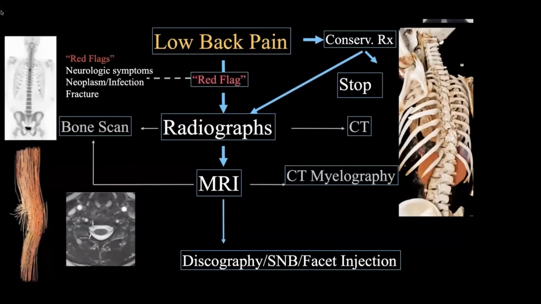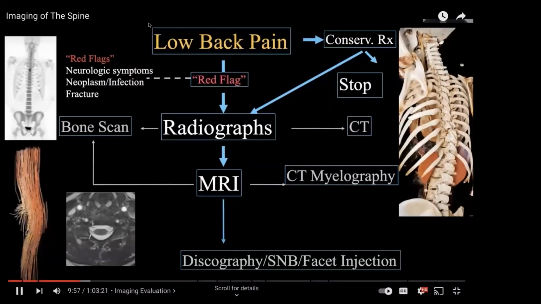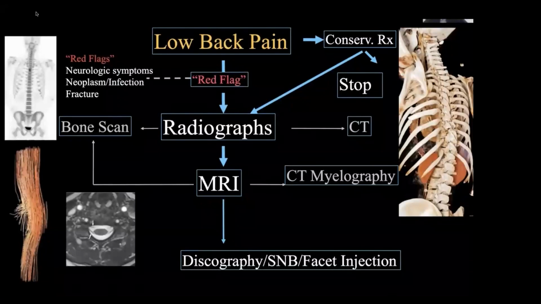So if we believe that this person has a specific, particularly again pertaining to pain, if you have a pain etiology related to the facet joints or a particular nerve root resulting in radiculopathy, or potentially, again, controversially, people talk about discogenic pain or vertebrogenic pain, but discograms have kind of fallen out of favor to a large degree, but we can perform discograms, and we can also perform disc injections with steroids and so on to confirm or refute that as a site of pain.